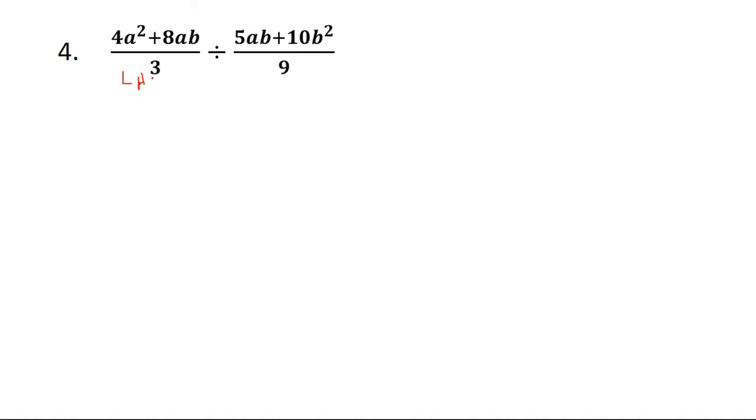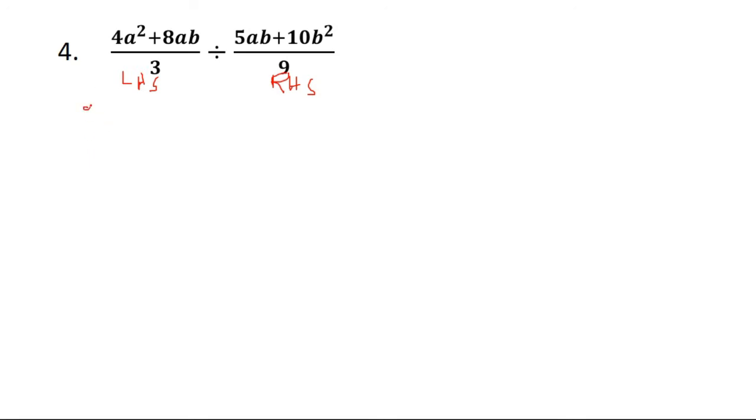Here is the left hand side, and the one here is on the right hand side. So I'm using LHS for left hand side and RHS for right hand side. Keep what is on the left hand side like that, and reciprocate what is on the right hand side. When I say reciprocate, I mean that turn it upside down.